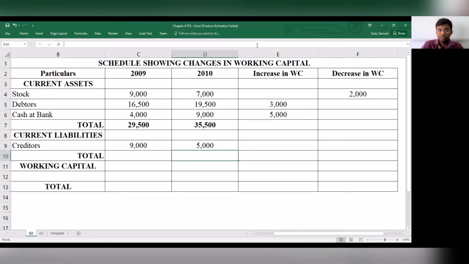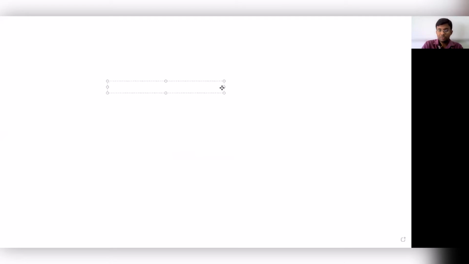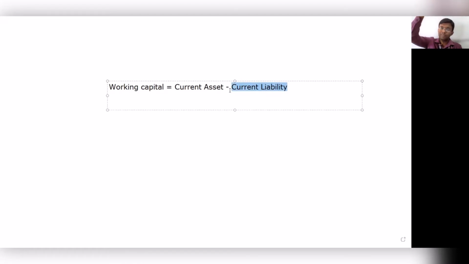Remember the formula for working capital: working capital is equal to current asset minus current liability. Here, current liability is coming down.